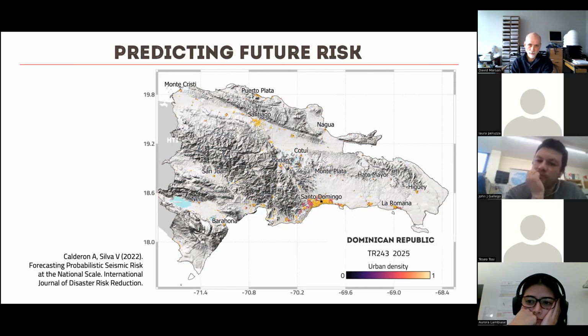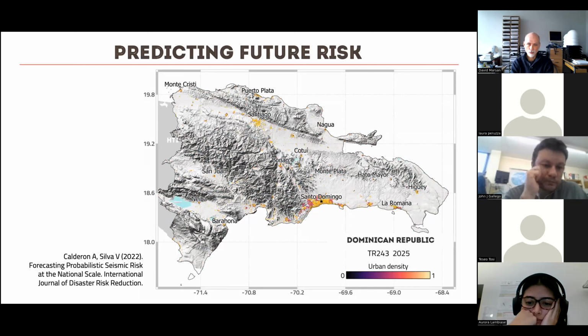Now, where do I expect that 1 million buildings? You can see that I'm not going to distribute the buildings randomly in the territory of the Dominican Republic. There are patterns. We expect the buildings to be close to urbanized areas, close to roads, close to places where the socioeconomic conditions are ideal. Otherwise, if the conditions are not there, then people don't settle in those areas.